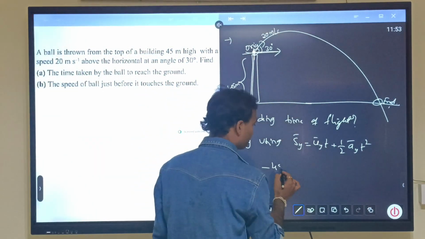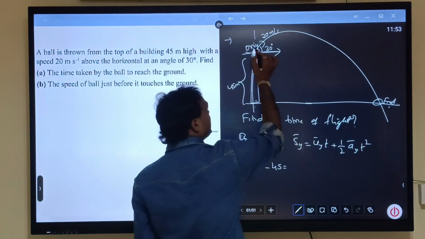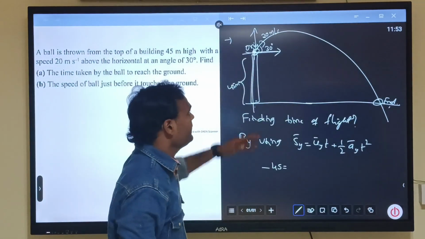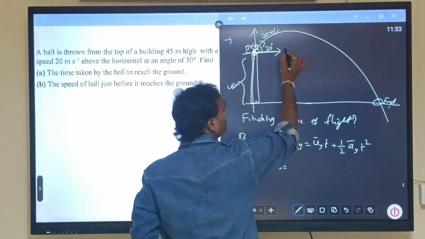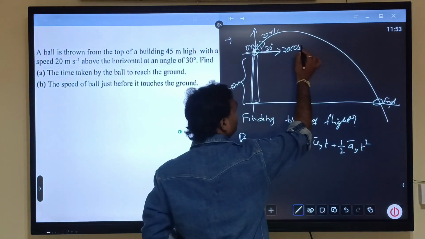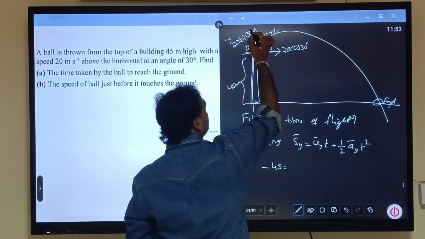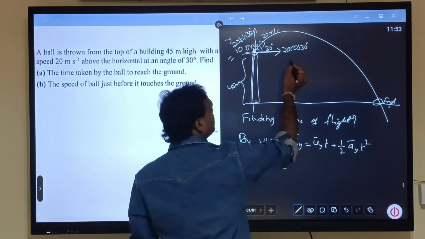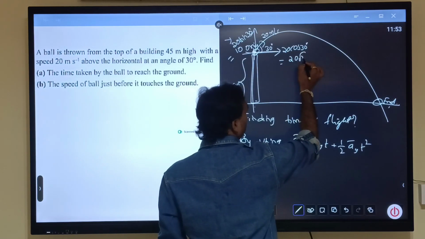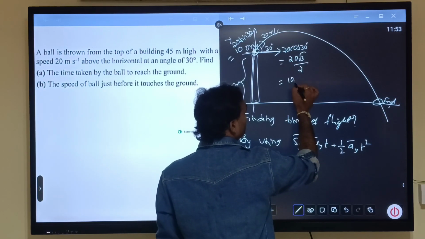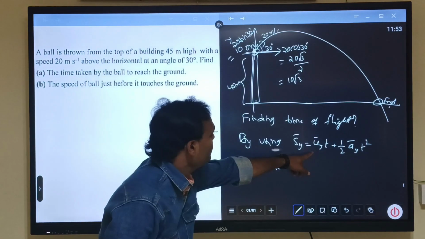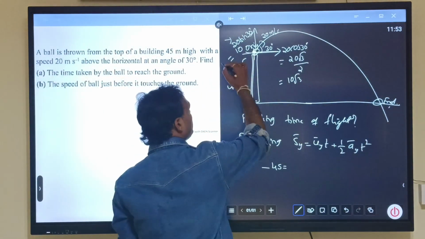Minus 45 equals uy, the initial velocity on the y-axis. This is the initial velocity on the x-axis, 20 cos 30 degrees, and this is 20 sin 30 degrees, which equals 10. The x-component is 20 root 3 by 2, which is 10 root 3. Then we need only the initial velocity on the y-axis, the uy value.